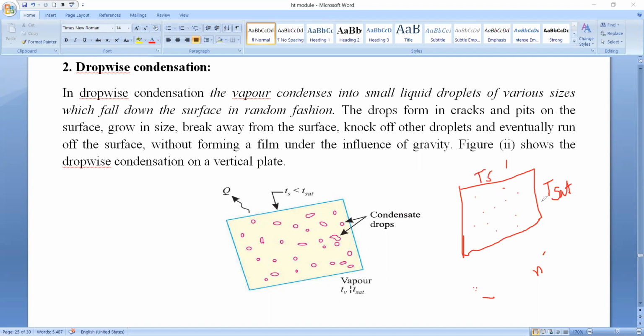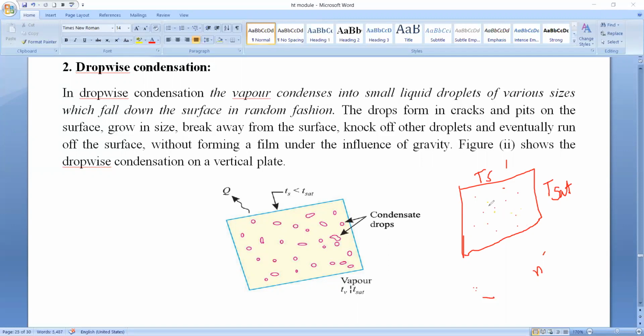Now when the vapors come into contact with this surface, because of the presence of small cavities or cracks or pits, there is a formation of water droplets. These are the water droplets.